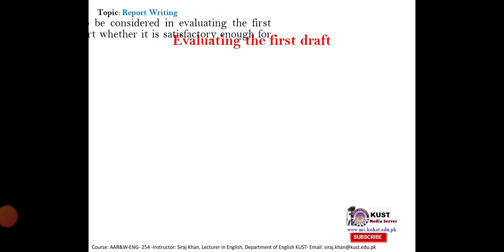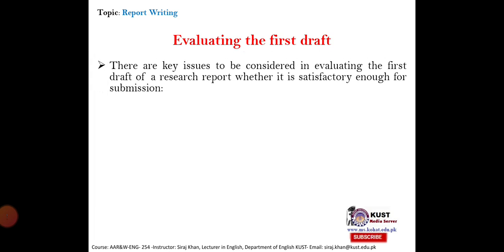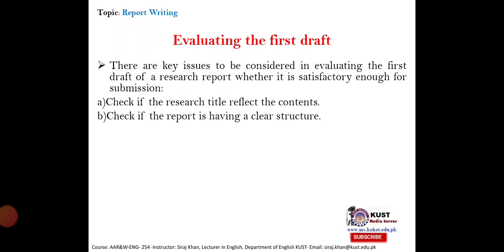Evaluating the first draft: there are key issues to be considered in evaluating the first draft of a research report, whether it is satisfactory enough for submission. The first thing is to check if the research title reflects the contents. Your report should have a clear structure.